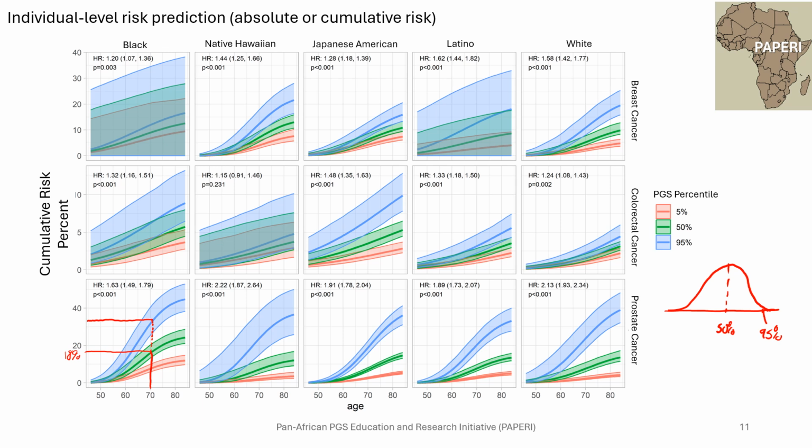So on the previous slide, we saw these kind of relative risk estimates, which are frequently reported, but commonly, people are looking more into absolute risk estimates for health communication to individuals, but also to understand polygenic risk score performance and to communicate to people in policy and healthcare.